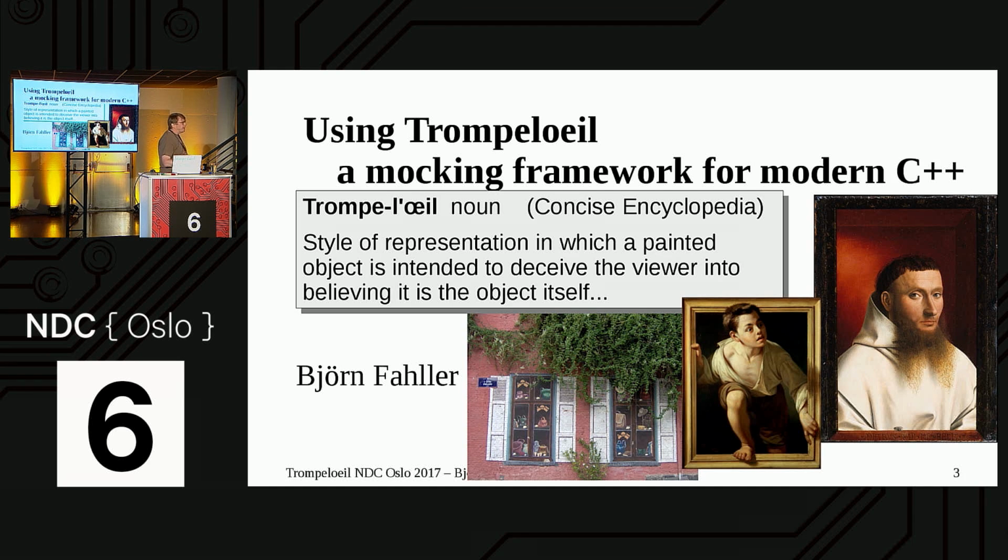When it comes to mocking in C++, there are basically two schools of mocking frameworks, because there's one thing that C++ does not have that most other languages do, and that is reflection. So one school uses knowledge of how to interpret debugging data compiled into your binaries to find out how the data structures are laid out.